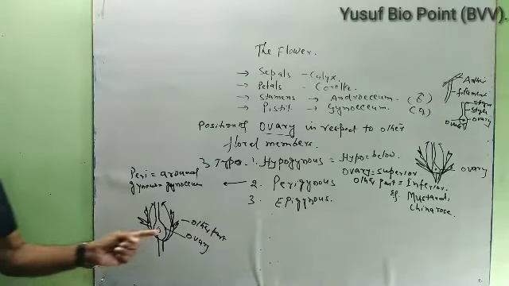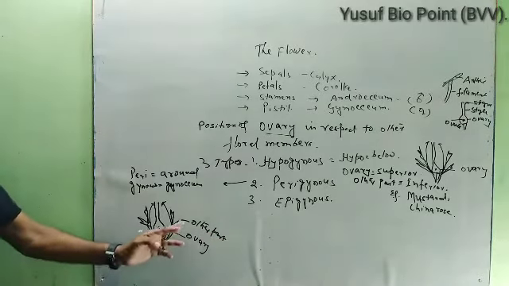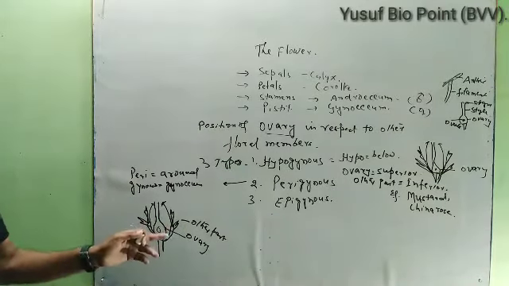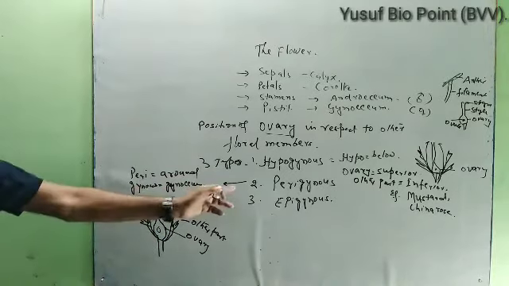In this you see that both the ovary and the other parts are found at the same level, so it is around the gynoecium, so it is known as perigynous.